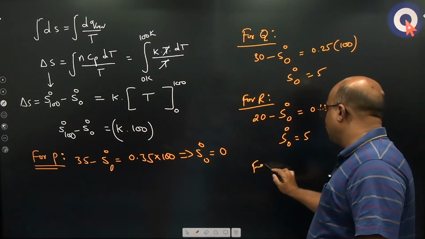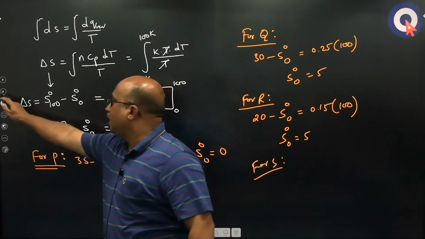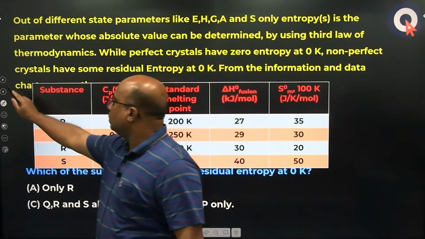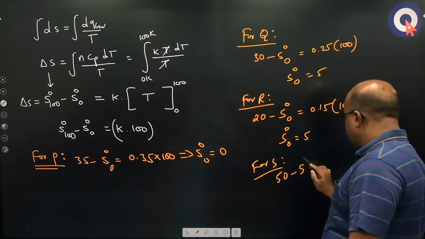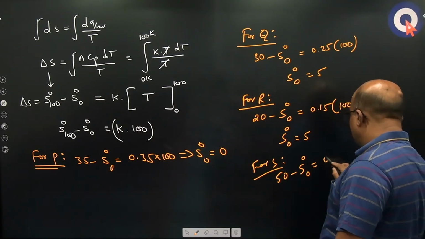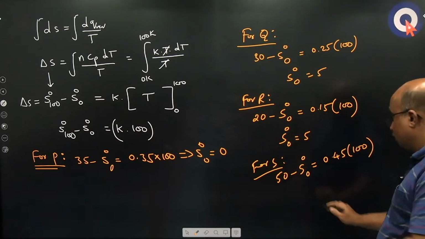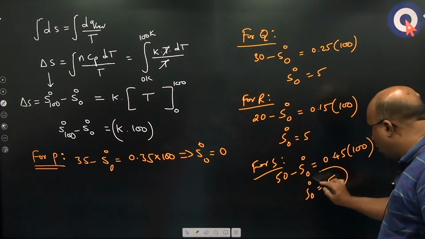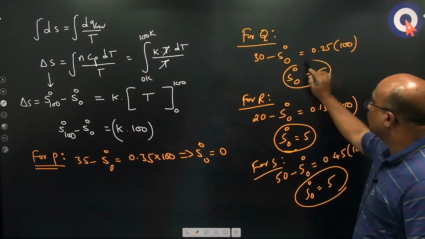Similarly, you can see for S. For S, what will you have? Taking again, this is 0.45, this is 50. So 50 minus S naught at 0 is nothing but 0.45 into 100. So S naught at 0 will again be equal to 5. So all these have residual entropies.